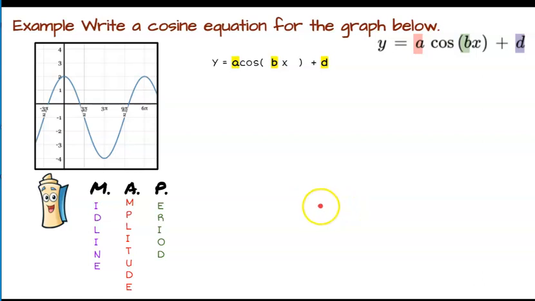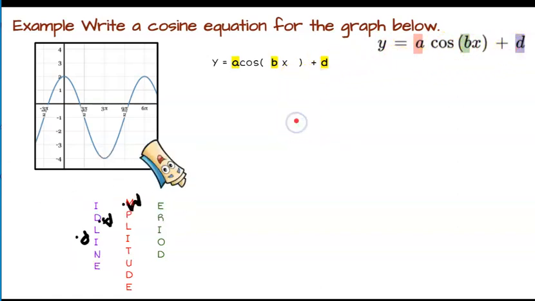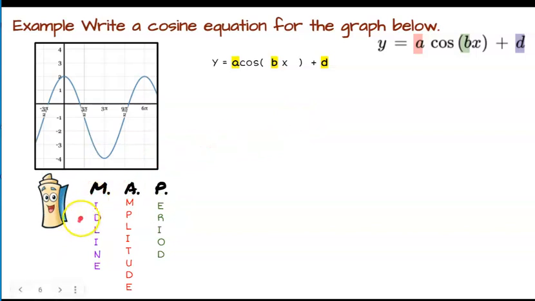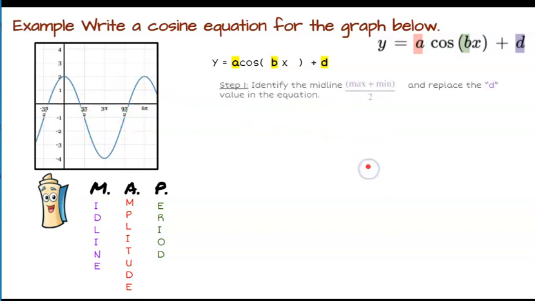Now, in this case, let's write a cosine equation for the graph below. Keeping in mind how the function should be written, y equals a cosine bx plus d, we're going to find the midline, amplitude, and period in that order. Given this graph, let's first determine the midline.